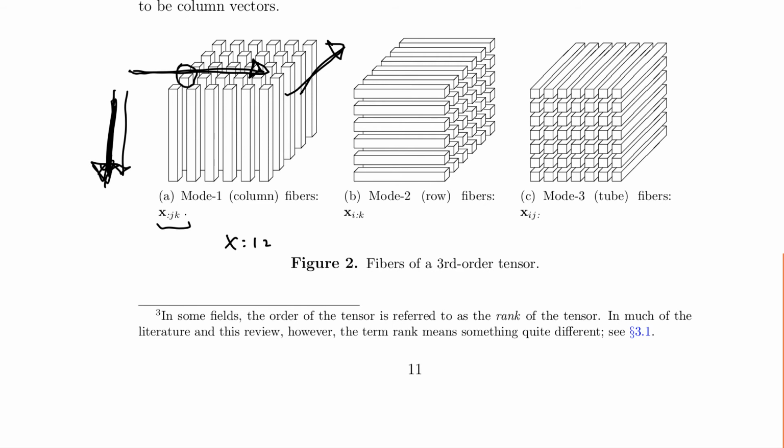In theory, of course, I can also vectorize by cascading all the mode 2 fibers or mode 3 fibers, but I don't see a definition like this, though maybe someone did, but it's not in this document here.